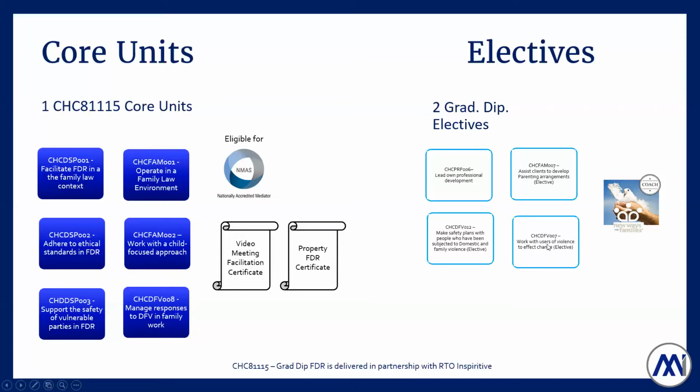And the final one is work with users of violence to effect change. So this is looking at working with people who have used violence, to help to put in place parenting arrangements and plans that support non-violent behaviour and communication.